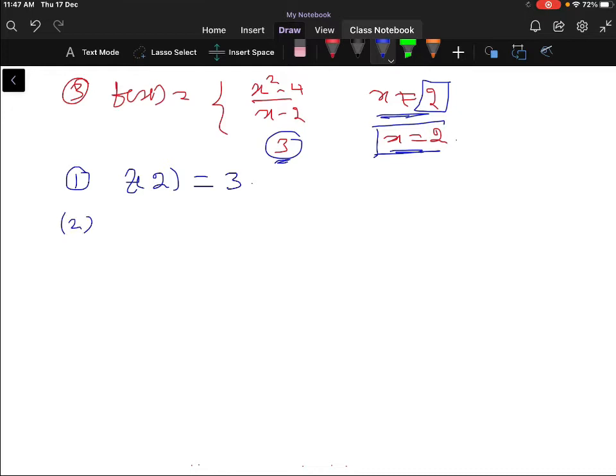So let us check the next condition. Left hand limit, that is limit as x tends to 2 minus.